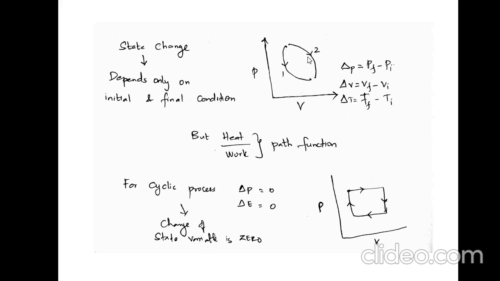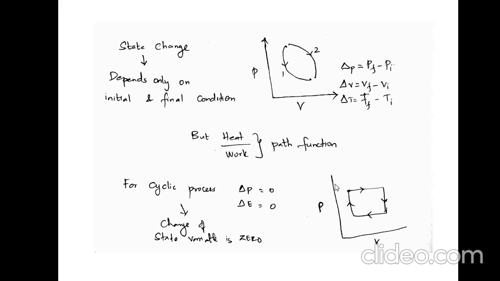In the other way, from this point to this point, when we calculate the same del P, the change will be the same, right? It will not depend upon the path, it will depend upon the property. That is called state properties.